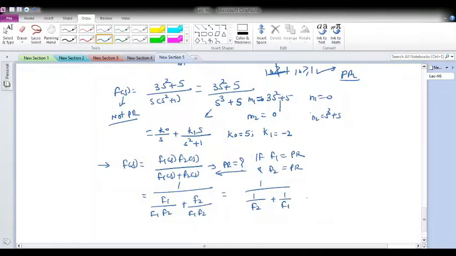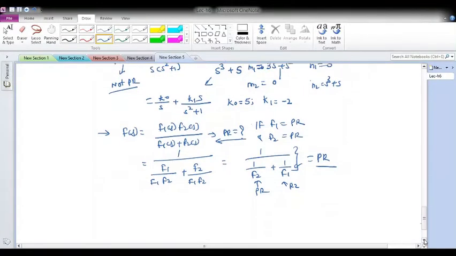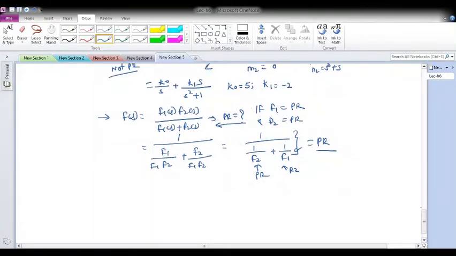And we know if F1 is PR, 1 by F1 is PR, similarly 1 by F2 is also PR, and if this is PR, 1 by PR is also PR. So this way you can check the PR property for this kind of function.